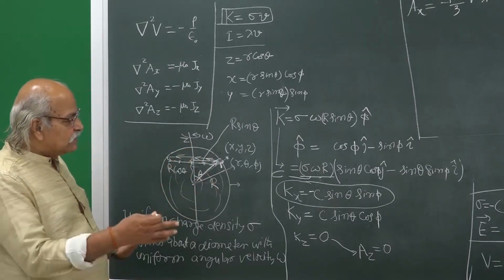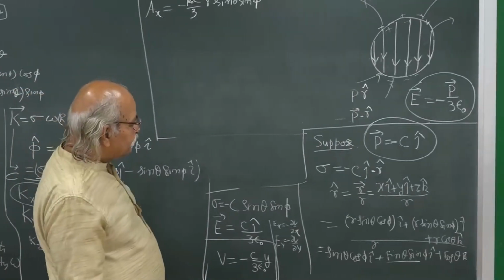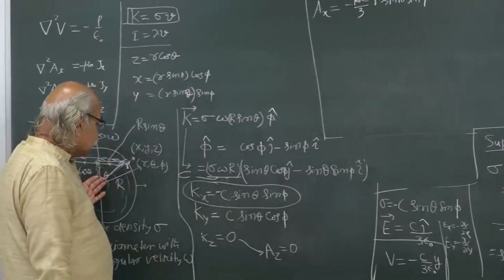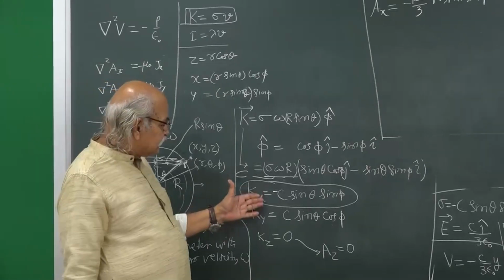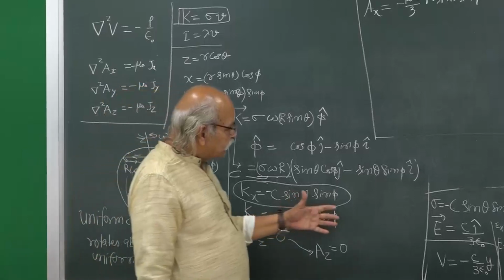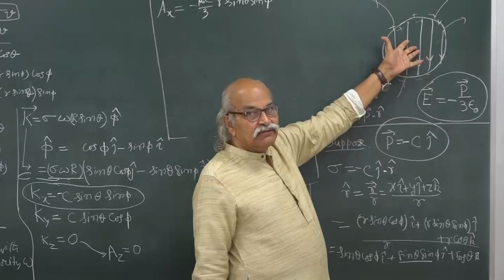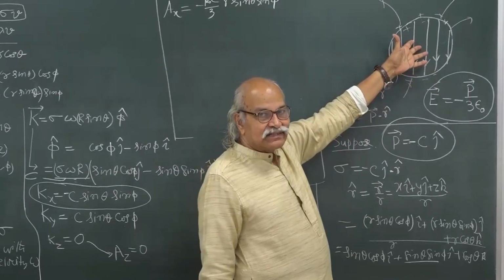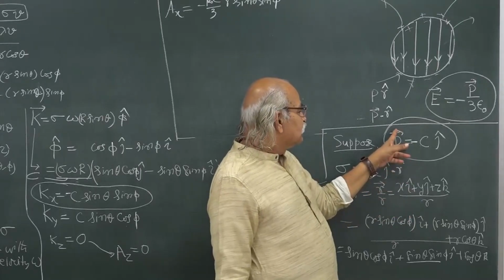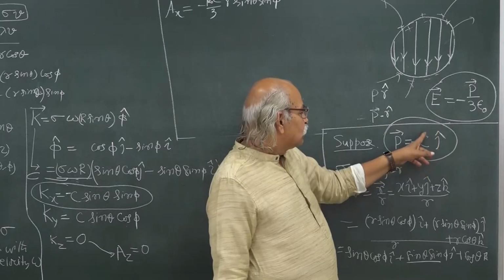And then we did some electrostatic analogy and finally obtained that if we write the corresponding kx, ky, kz, they are given by these expressions. Then we could find an electrostatic case where you have a uniformly polarized dielectric sphere, with the polarization in the minus j cap direction with this constant c.